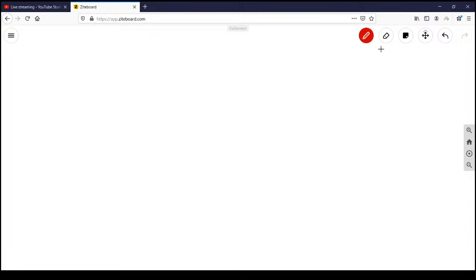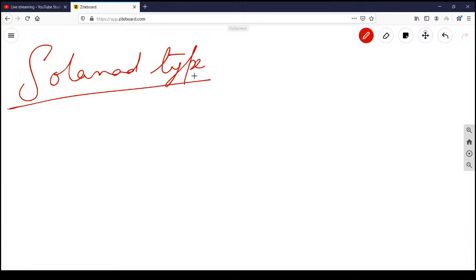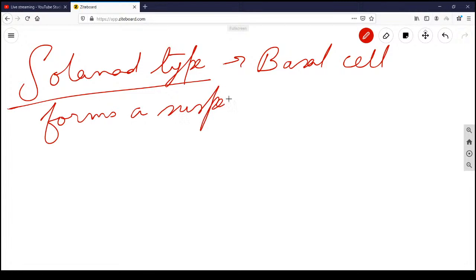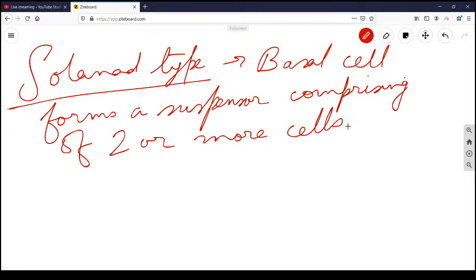In the Solanad type, the basal cell forms a suspensor of two or more cells, so there are suspensor cells comprising two or more cells.